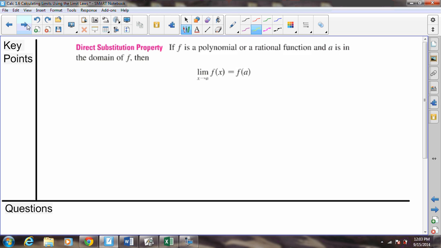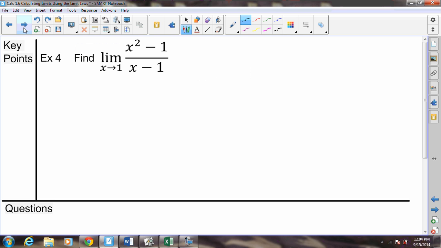You start doing other algebraic functions, it might not work. And of course, we are going to examine algebraic functions where it does not work throughout the course, such as this. Let's try a direct substitution.